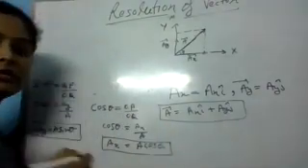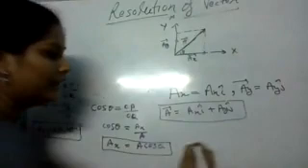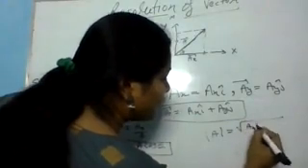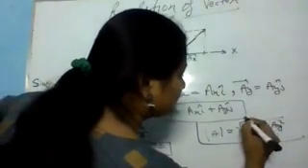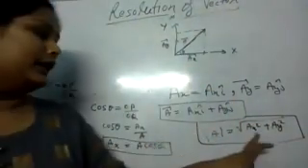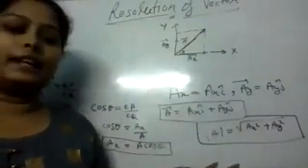If I want to find out the magnitude of A vector, then magnitude of A vector equals under root AX square plus AY square. यहाँ तक बात clear है?